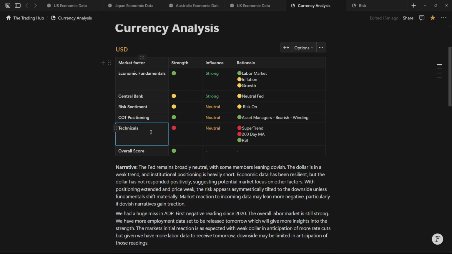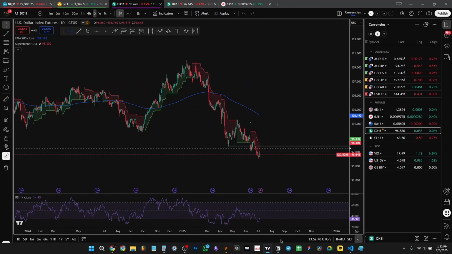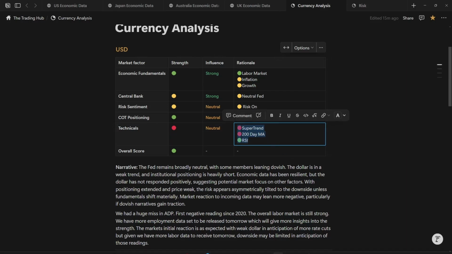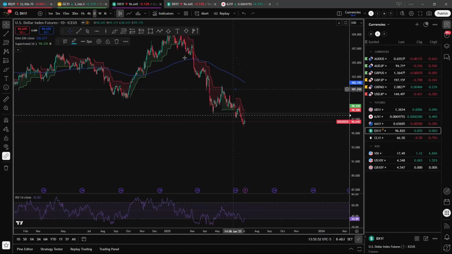And technicals, very simple, very straightforward. I'll load up TradingView here. As it relates to technicals, I use 3 different factors to give a technical score. I use the 200-day moving average, the exponential moving average, as you can see here.